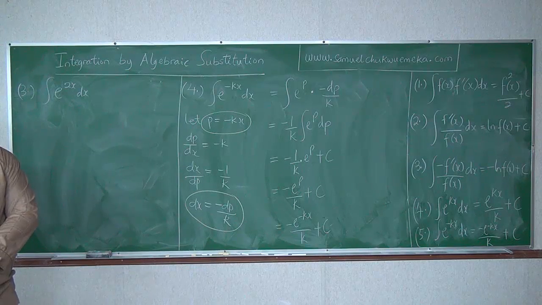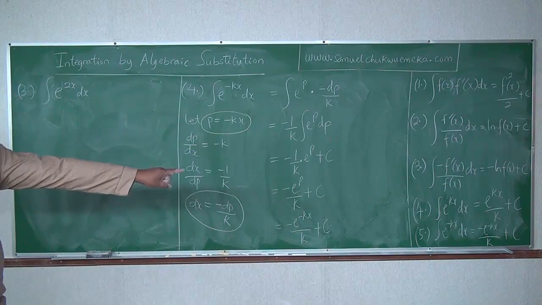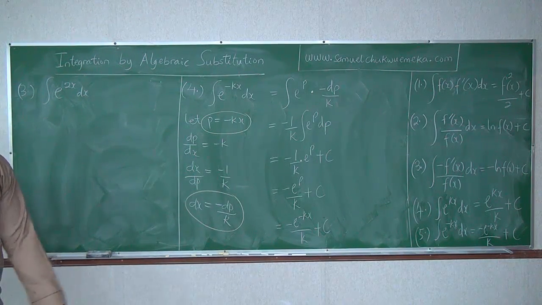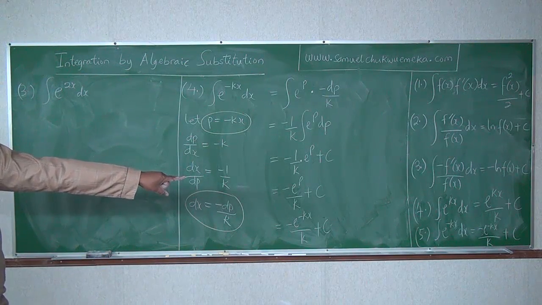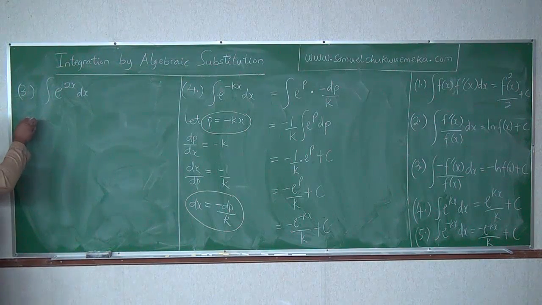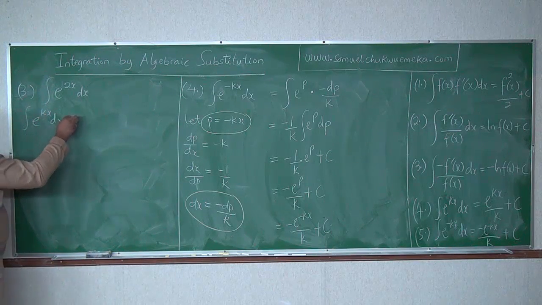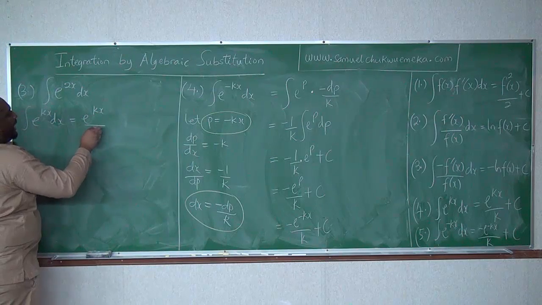Can we do that? If the first thing that comes to your mind is number 4, when you have e to the 2x dx, you'll use number 4 right away. Number 4 says that the integral of e to the kx dx is e to the kx over k plus c.